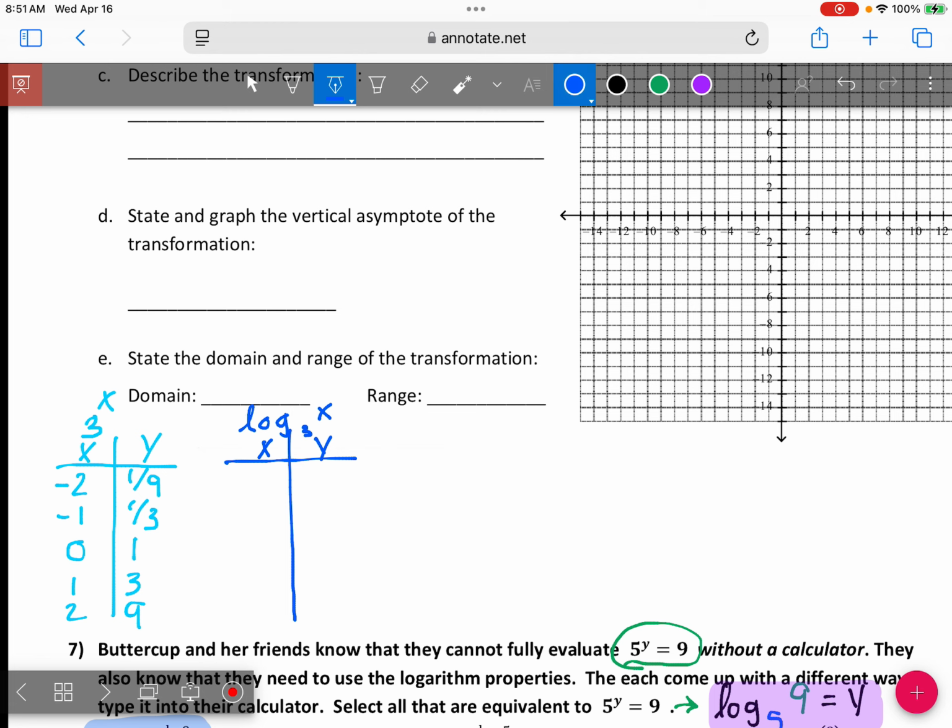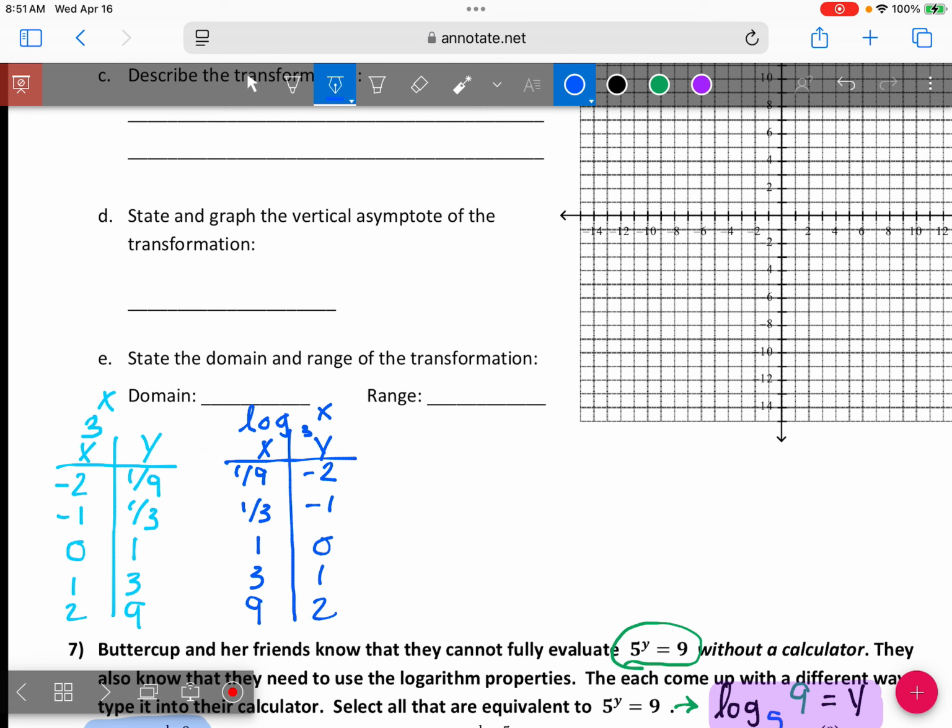We use that to make our log base 3 because they are inverses of each other. So everything that was an x becomes a y. Everything that was a y becomes our x. So we'll have our 1/9, 1/3, 1, 3, and 9, -2, -1, 0, 1, and 2.